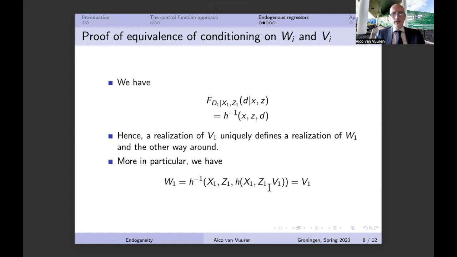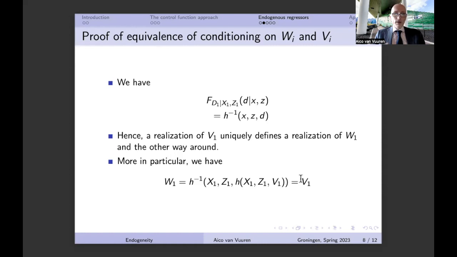So this whole thing is actually nothing else than the third argument of the H function, and that is simply equal to V1. So that means now that we have proven that W1 and V1 are exactly identical to each other.